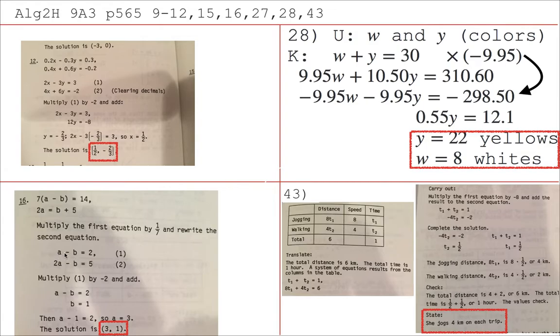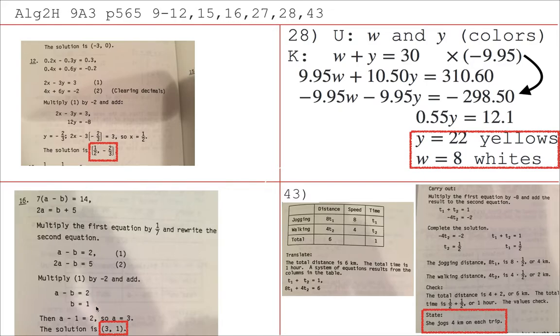It seems equally easy to eliminate either a or b. They chose to eliminate a because they thought they could get -2a and +2a. So you multiply the top equation by -2, and then when you add them, you get nothing for a. -b times -2 is +2b, and then plus -b is +b. -2 times 2 is -4, plus 5 is +1.